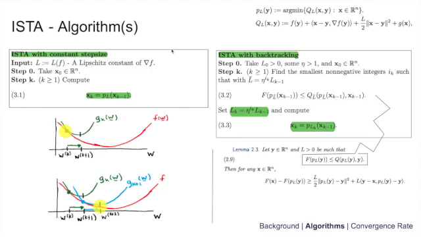All in all, the ISTA algorithm reduces to this box statement on the left. First, we choose our initial vector, x0, as a guess, and we subsequently apply the prox operator, which we defined earlier, to obtain the next estimate in the sequence.